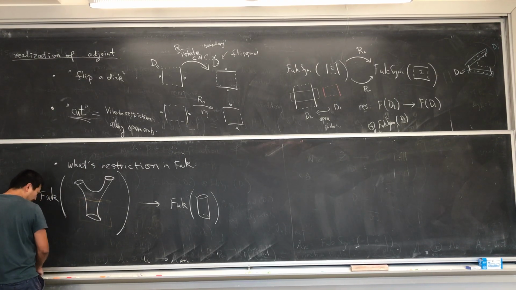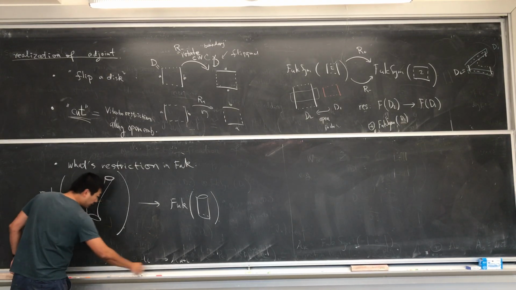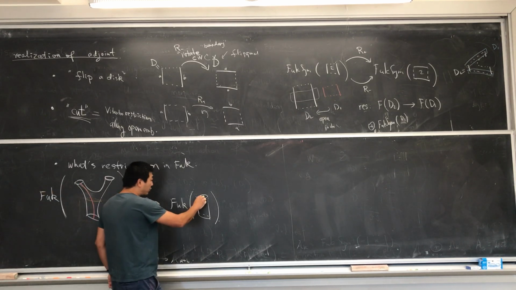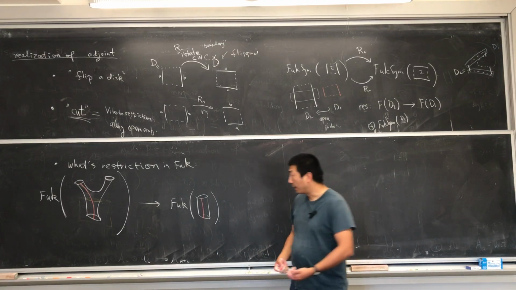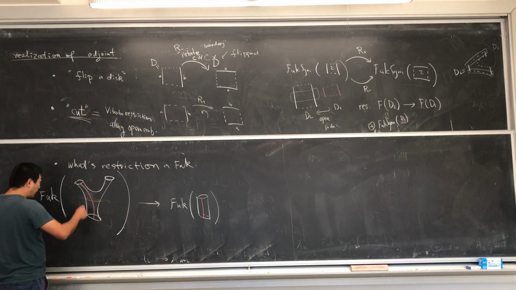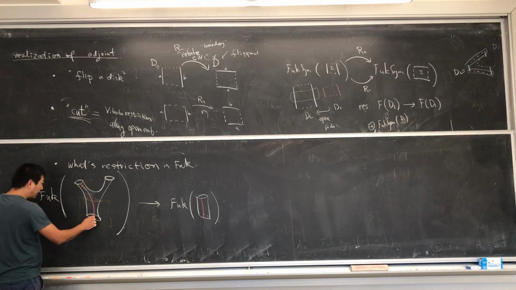Suppose you have a Lagrangian like this. You can restrict to get a Lagrangian, just take the geometric restriction. Suppose you have a Lagrangian that looks like this.